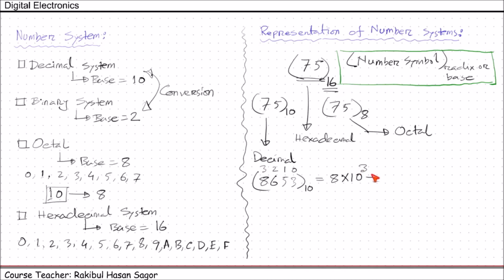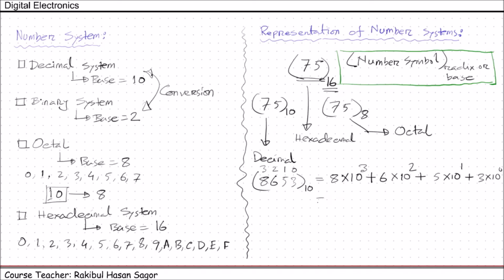In this way we need to proceed and add. Then the next is 6 into base to the power position value, plus 5 into base to the power position value, plus 3 into base to the power position value. In this way we can express this number as the sum of values of each digit.